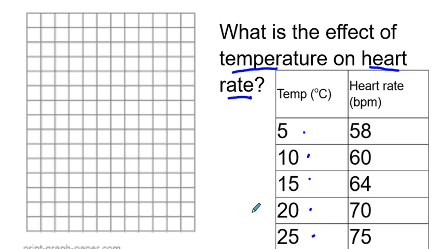So perhaps I have a group of people that are exercising in 5 different rooms at 5 different temperatures, and as a result, I take their heart rate. My manipulated variable is the temperature. My responding variable then is the heart rate, which we record in beats per minute.